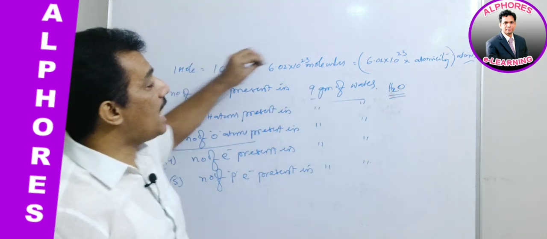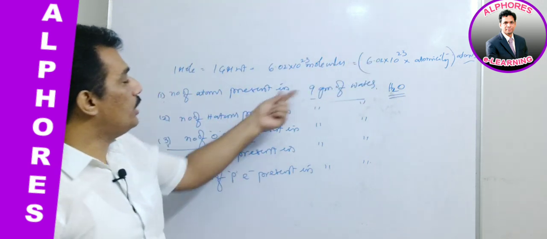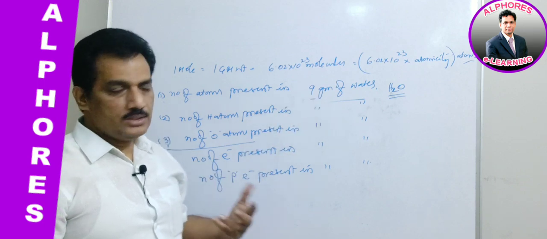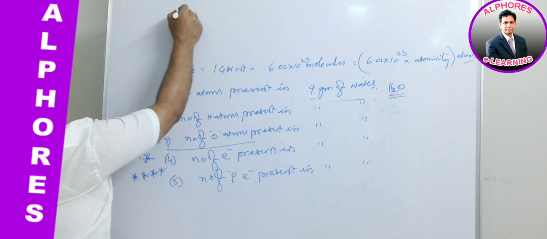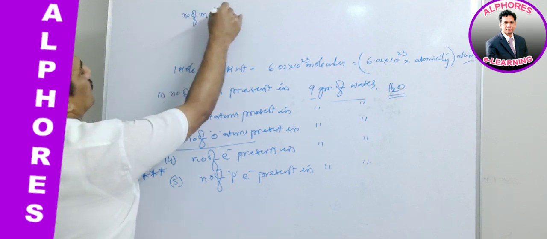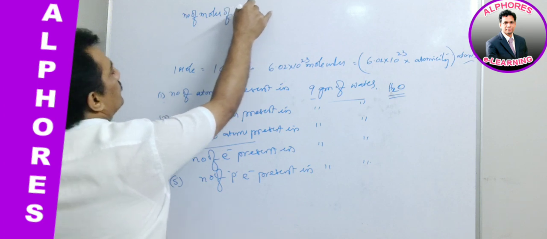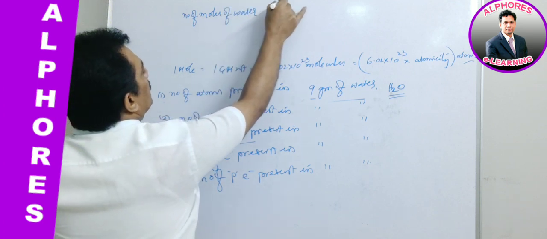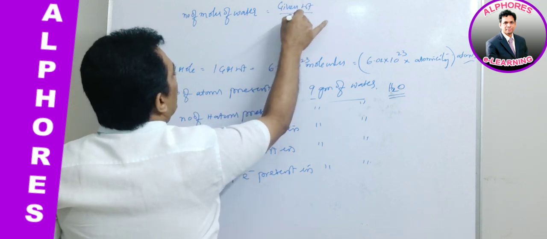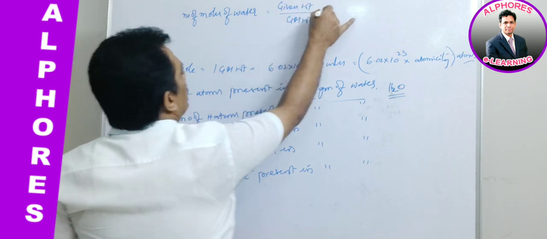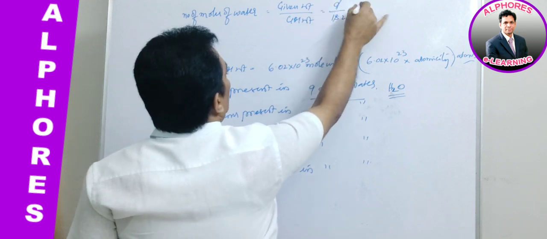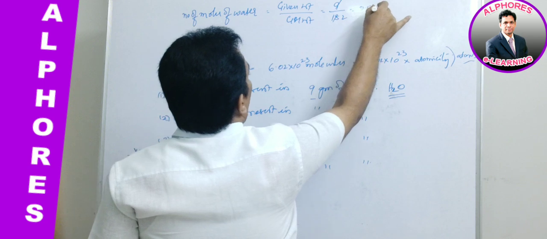How many moles of water are present in 9 grams? First we have to calculate that. The number of moles of water is equal to given weight by gram molecular weight, that is 9 by 18, which is 1 by 2, 0.5 moles.